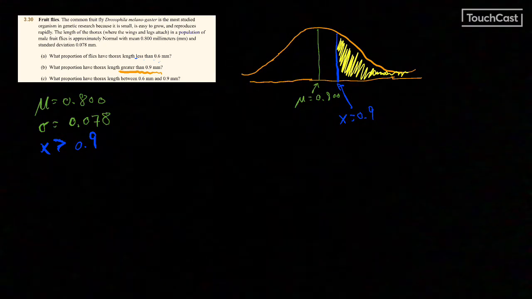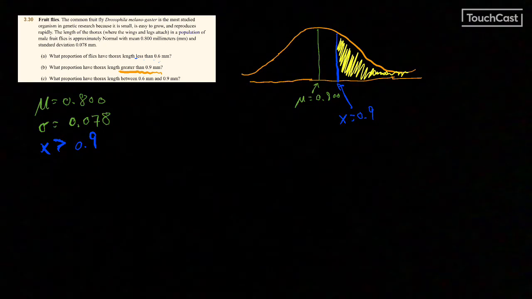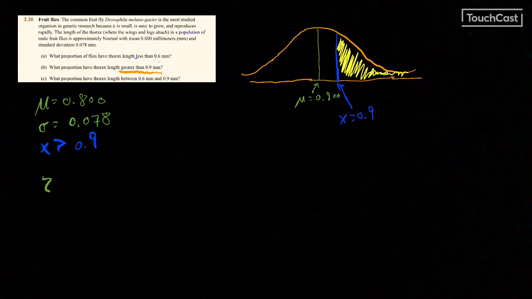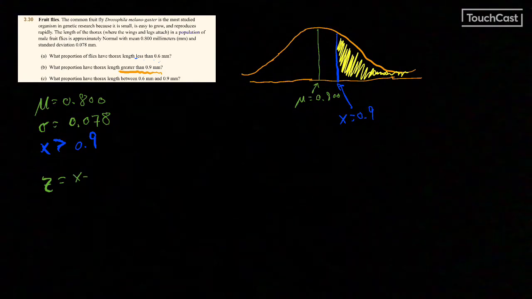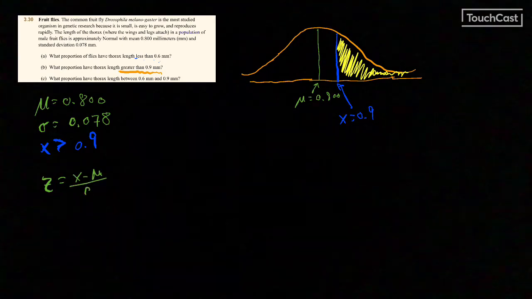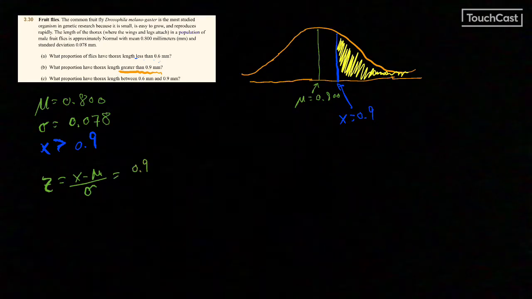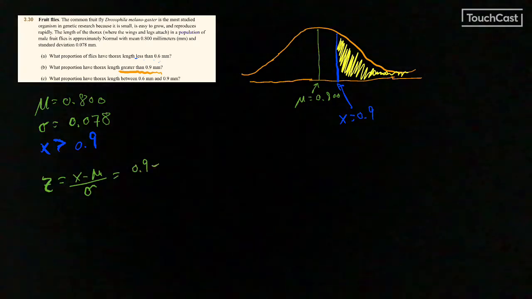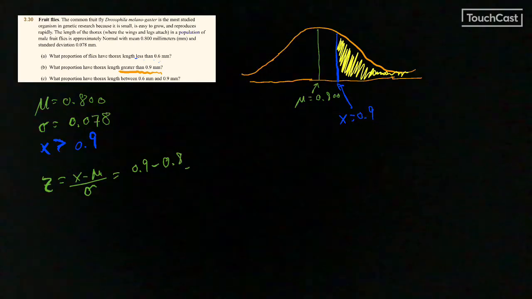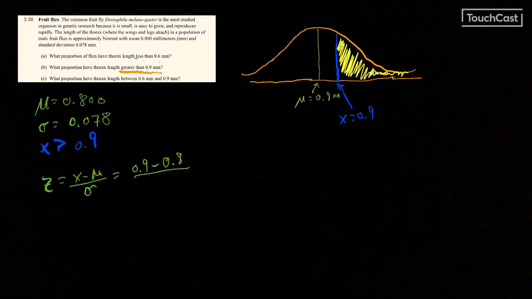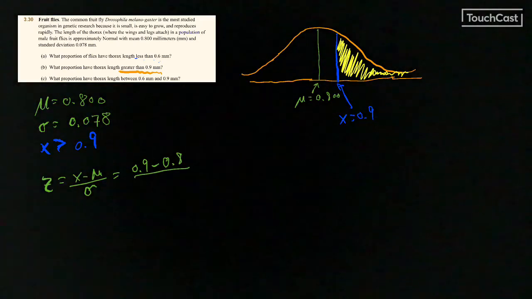So we're going to do exactly the same thing. We know what the x is. We know the mean and the standard deviation, so we can figure out z. And z, again, is x minus mu over sigma, standard deviation. So x is 0.9. The mean is 0.8 over the standard deviation, which is 0.078.